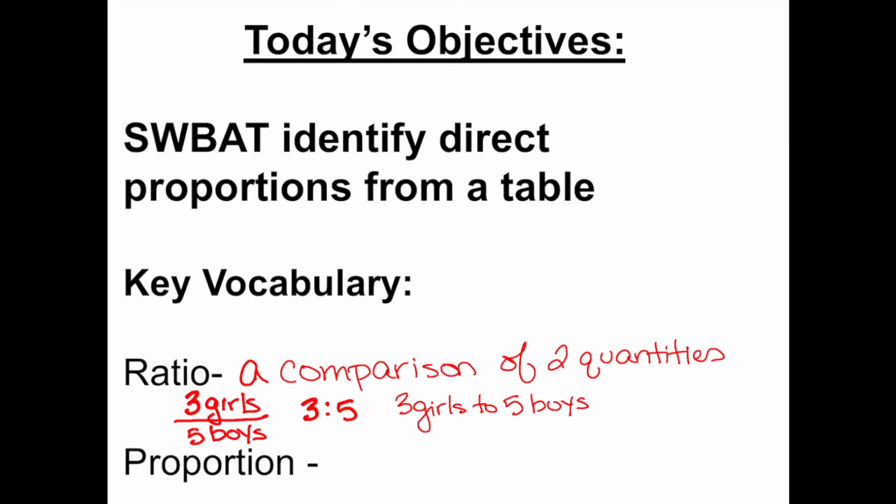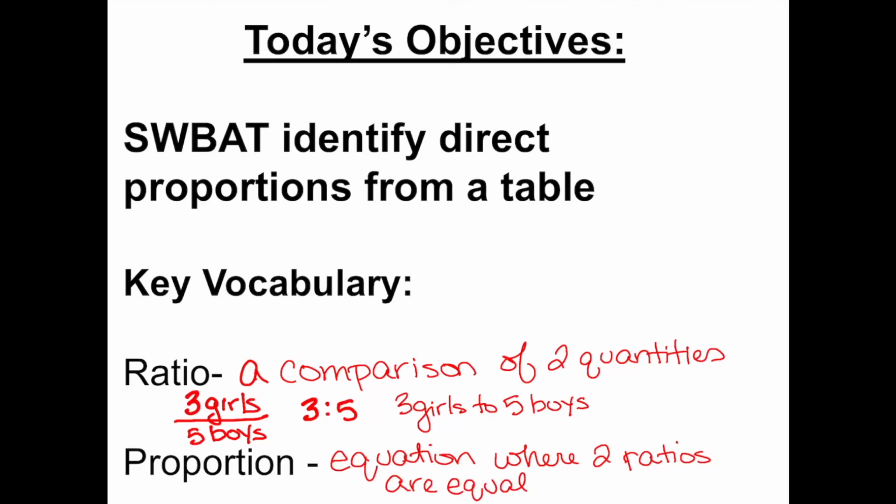And a proportion is an equation where 2 ratios are equal. So a proportion isn't just one ratio, it's 2 ratios. And they're 2 ratios that regardless of their values are equal to each other.